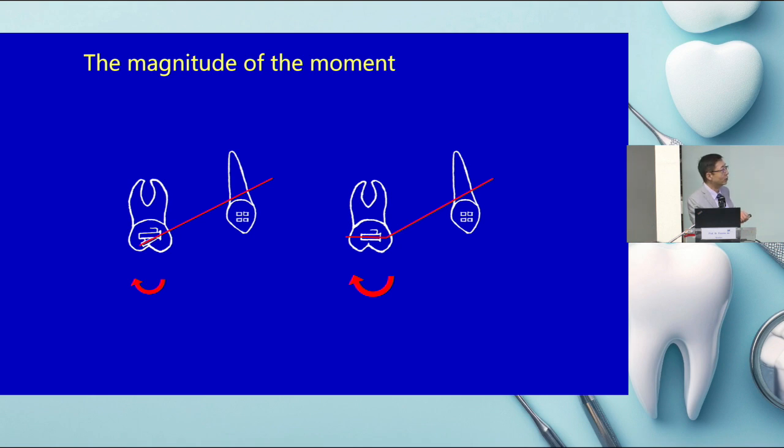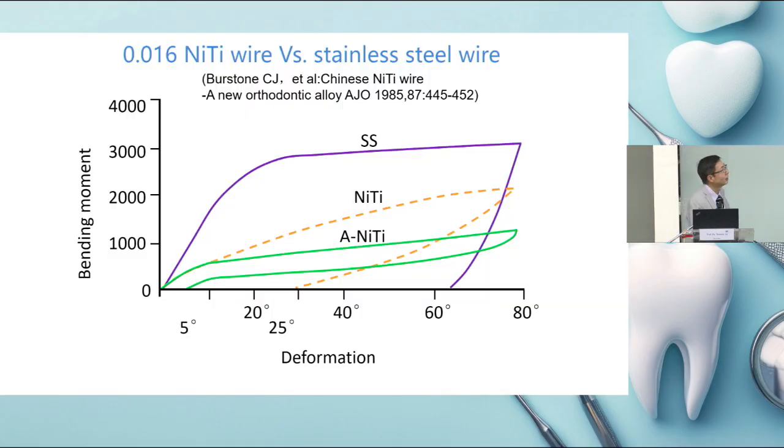This one we use nitinol wire. This one we use stainless steel wire. If we use the same size and the same degree, minus 25 degrees here, also minus 25 degrees here, let's compare the magnitude of these two situations. We use Professor Burstone's paper published in 1985.